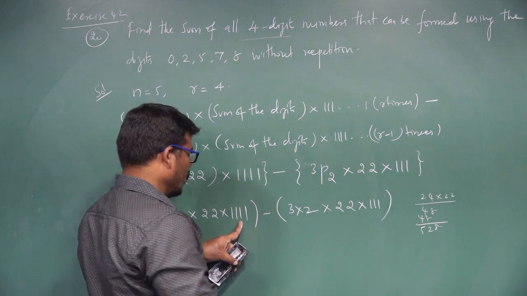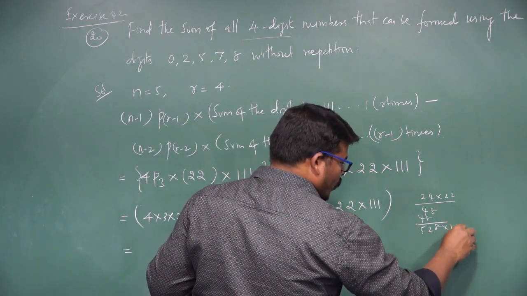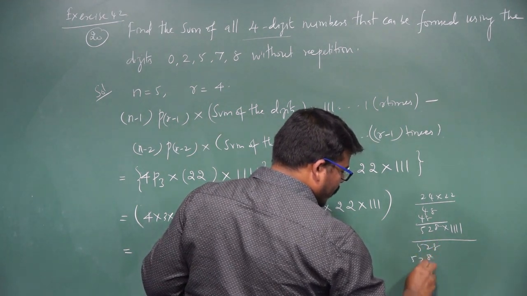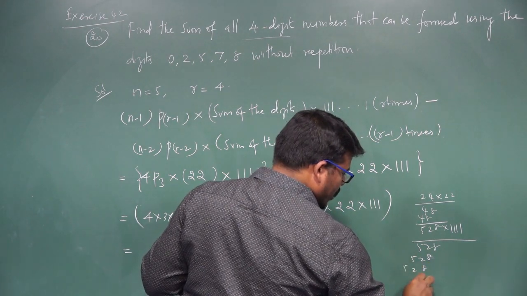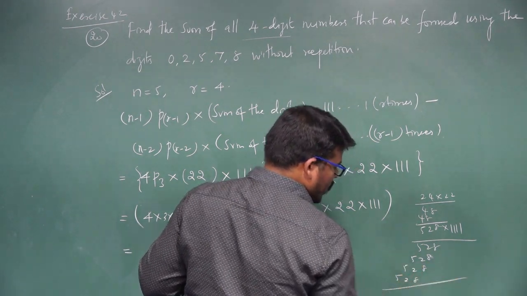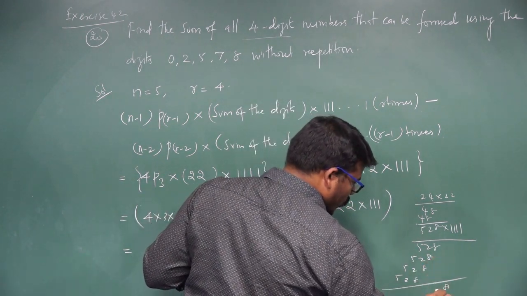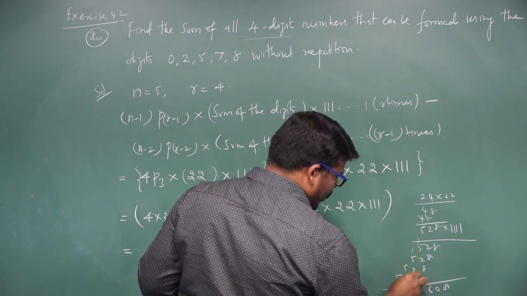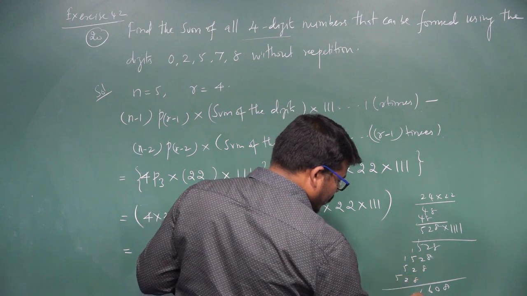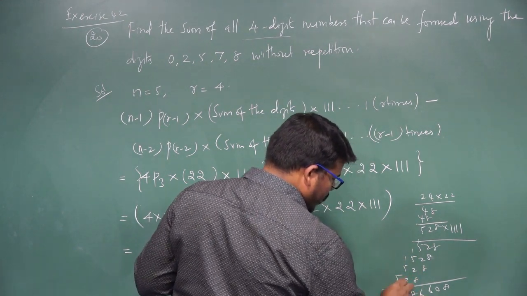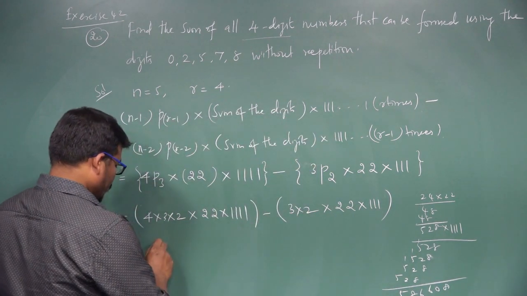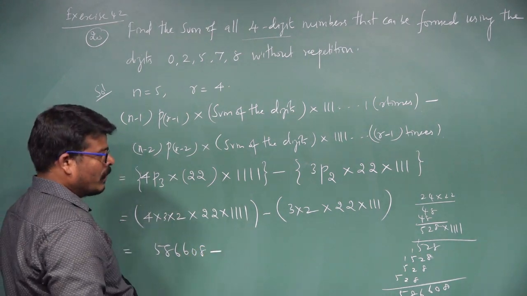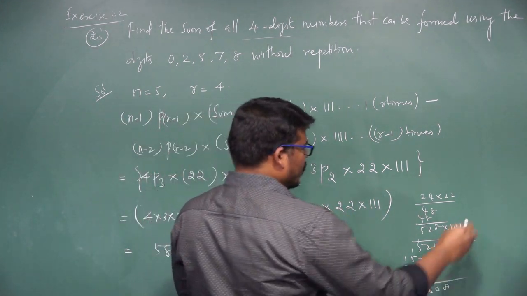Multiply by 1, 1, 1, 1: 528 into 1111 gives 586,608. Minus 3 2s are 6.